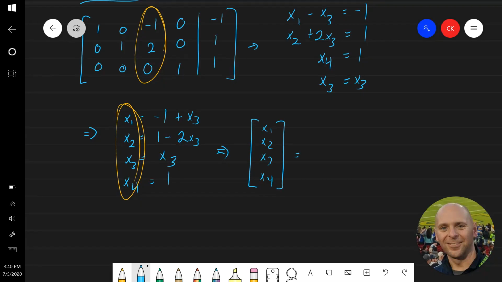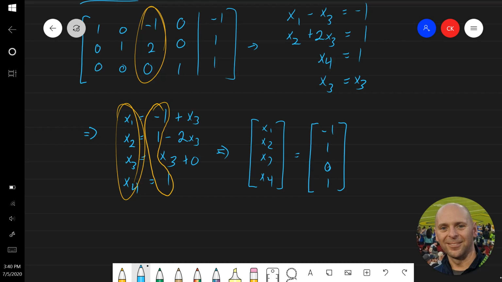And if I extract out the constants on the right-hand side, noting that there's no constant added to x3, we can make that a 0, then I can turn that into a column matrix as -1, 1, 0, 1. Again, the 0 coming from the fact that there's no constant added to x3.